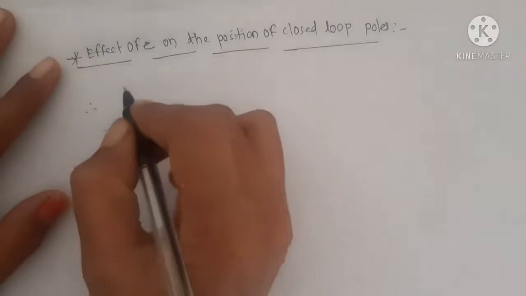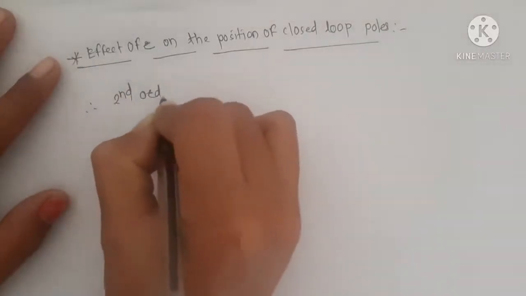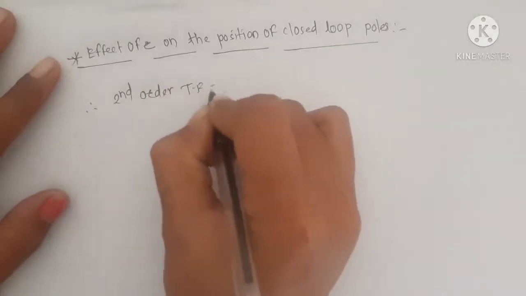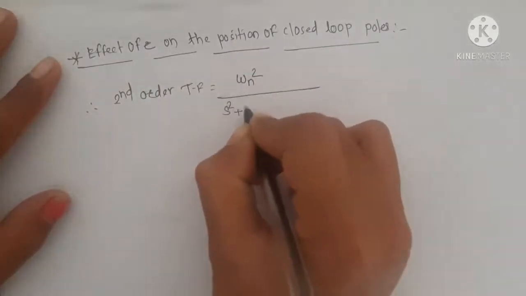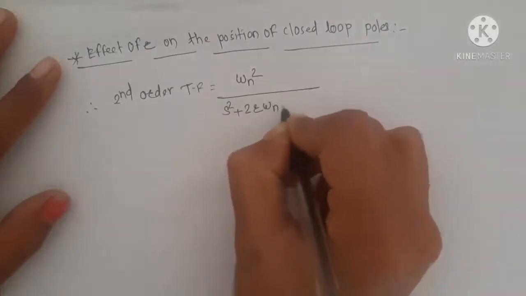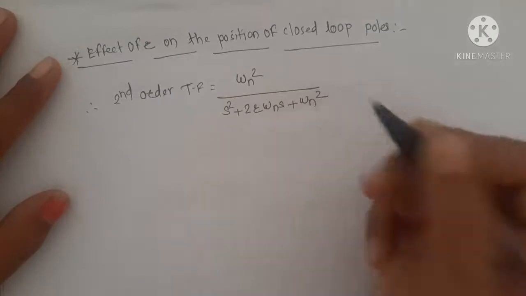So let's first write the second order transfer function. It is nothing but omega n square upon s square plus 2 eta omega n s plus omega n square.